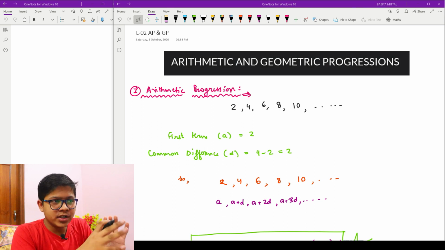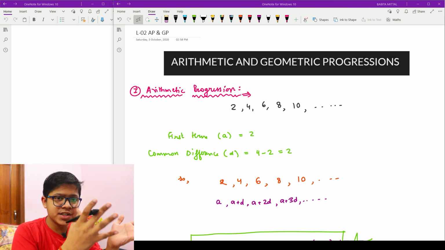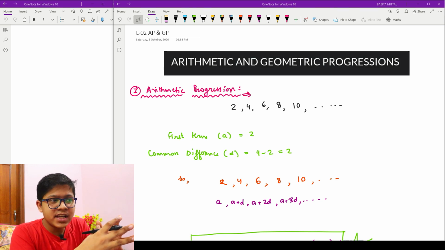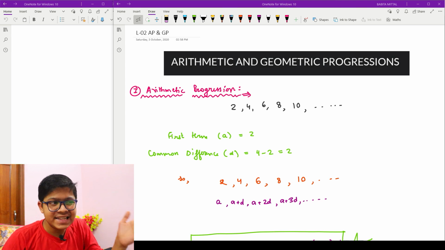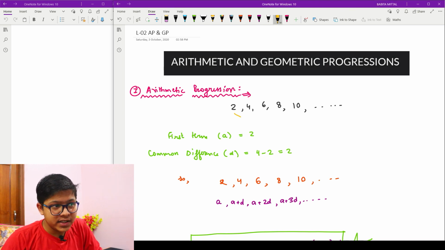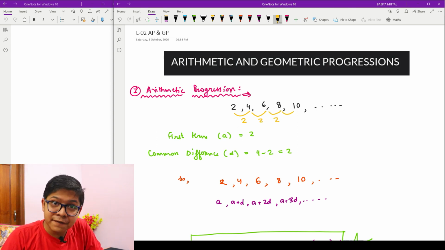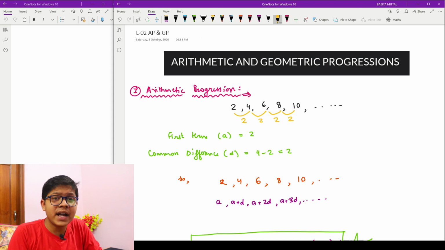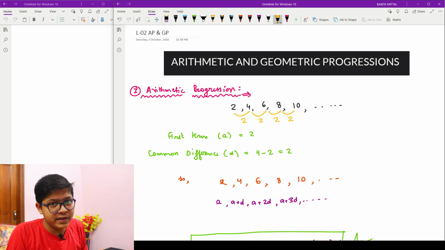So starting with the arithmetic progression, what is arithmetic progression? It is any series which has a constant common difference, which means that if I have a series like this, 2, 4, 6, 8 and so on, then I can clearly see that for any two consecutive elements the common difference, which means the difference right here is 2, the difference right here is 2, the difference right here is 2, the difference right here is 2, which means that if I take the difference of two consecutive elements, it remains same throughout the series.